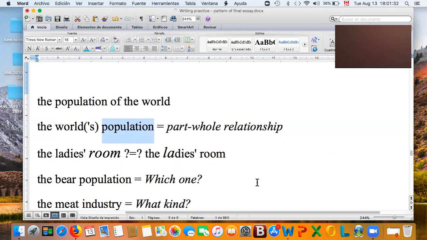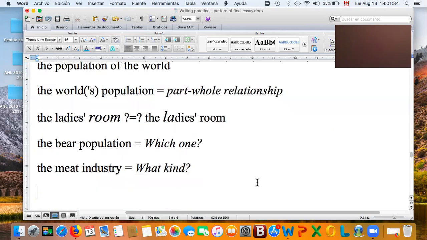Part-whole relationship. I can give you another example that, well, I hope this one will convince you. Which species is becoming extinct, going into extinction in the Quebec area? Well, bears. Bears are becoming extinct. So there's a population.